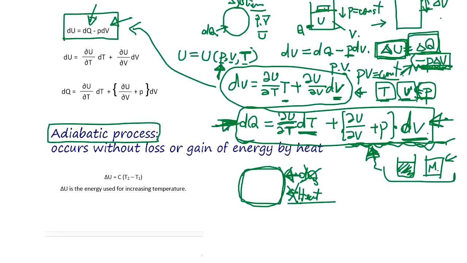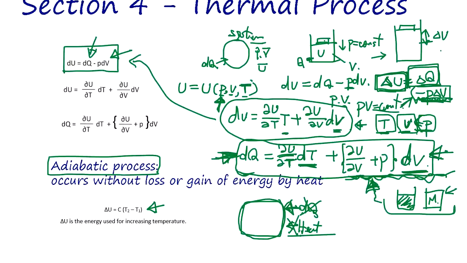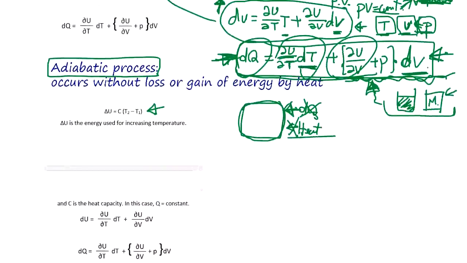So in this case, for the ideal gas, dU depends on the temperature. If you bring this equation back, this term is 0 and this part is dU, right? So dU plus p dV equals 0.